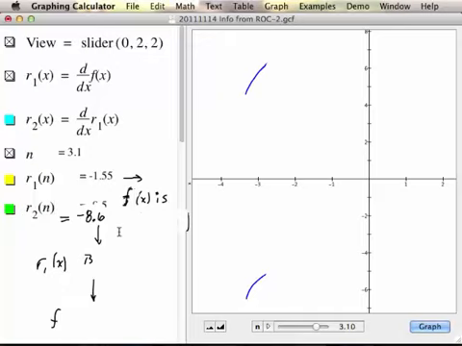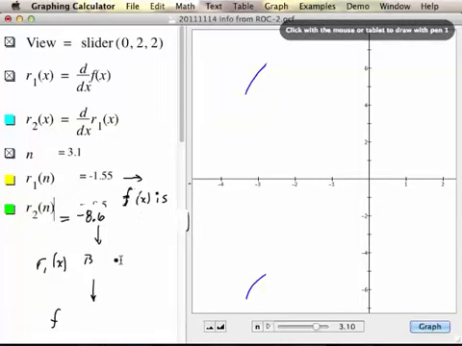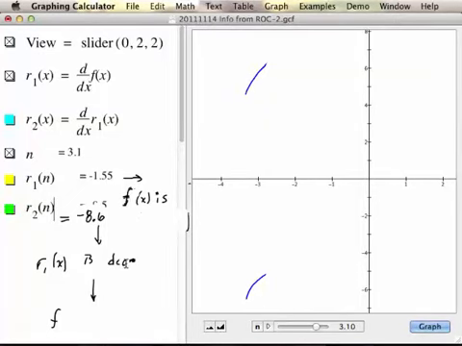Okay, so this is correct though. So now you got R2 negative 8.6, and now R1 is negative 1.55. So what can you conclude about R1 and about F? What can we say about R1 if R2 is negative 8.6? R1 is decreasing. F is concave down again.